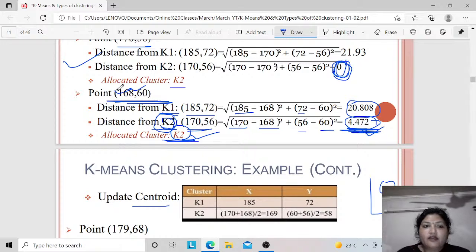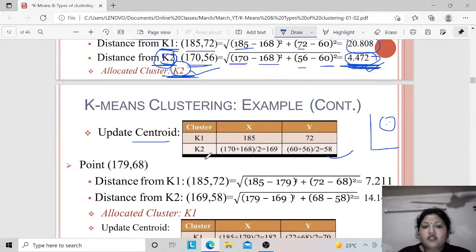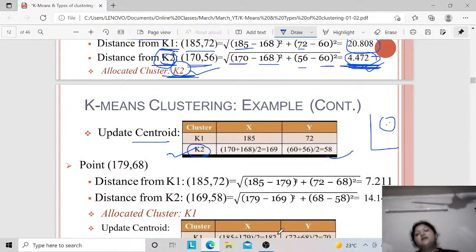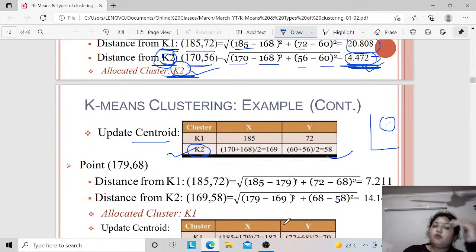The main point on which you are calculating is 168 plus your 170 divided by 2, 60 plus 56 divided by 2. In whichever cluster you have added the data point, that cluster's centroid value will be updated, right? So each time a point is added to any of the clusters, you need to update the centroid value as well, right?